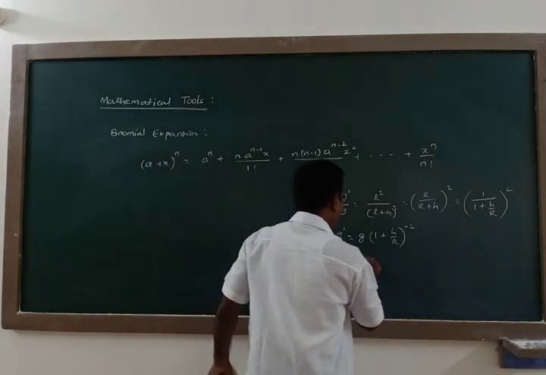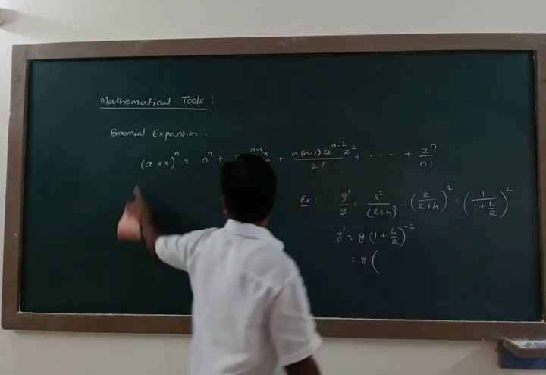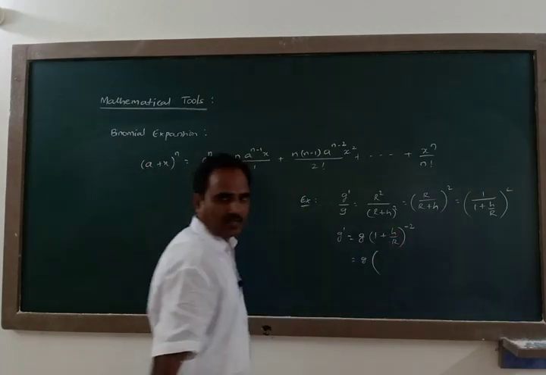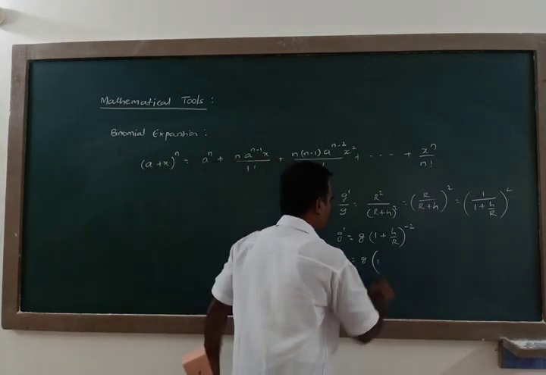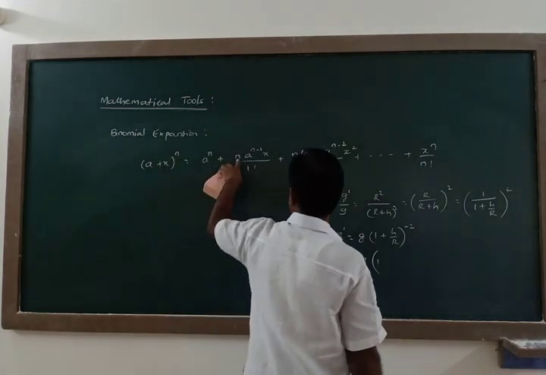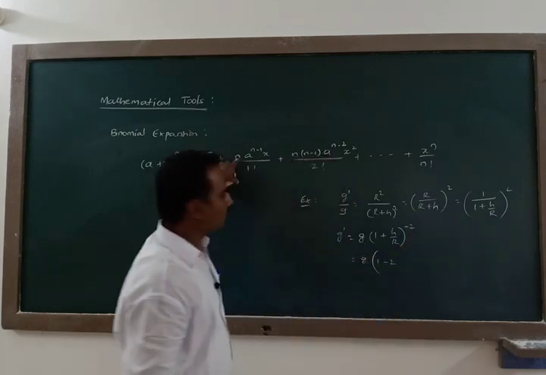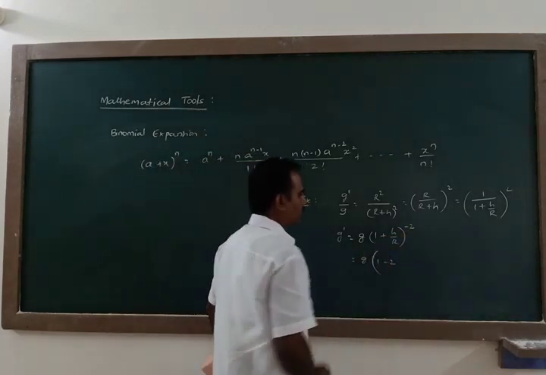According to this binomial expansion, a is equal to 1 and x is equal to h/R. First, a to the power of n, that means it is 1. Next, n means the power, so it is minus 2.